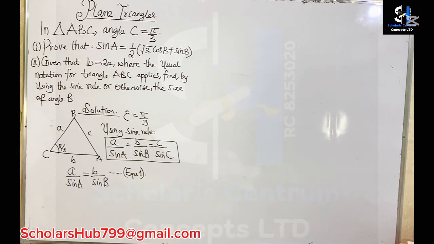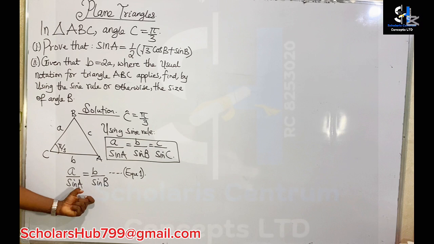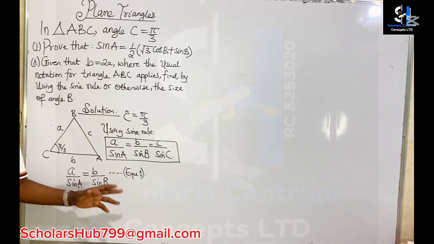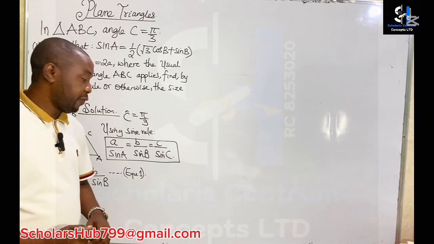Now from equation 1, we're going to construct equation 2. Equation 2 will be writing sine A in terms of sine B. What I mean is to express sine A in terms of sine B, that is, making sine A the subject of the formula.